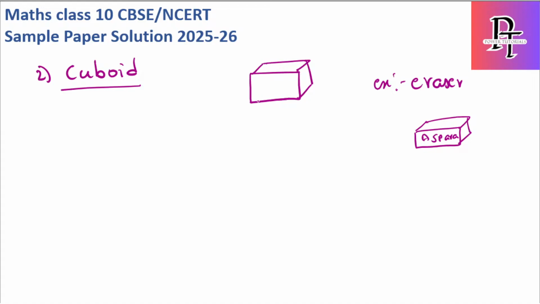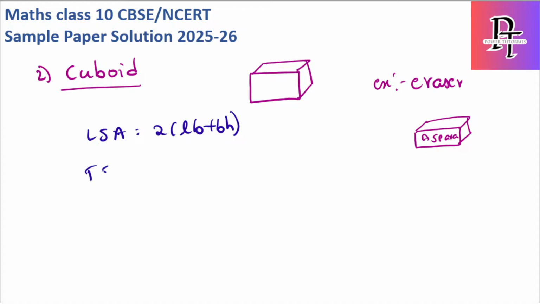So let's study the cuboid formulas. LSA, or lateral surface area, is 2 into (LB plus BH), because I'm not considering top and bottom.